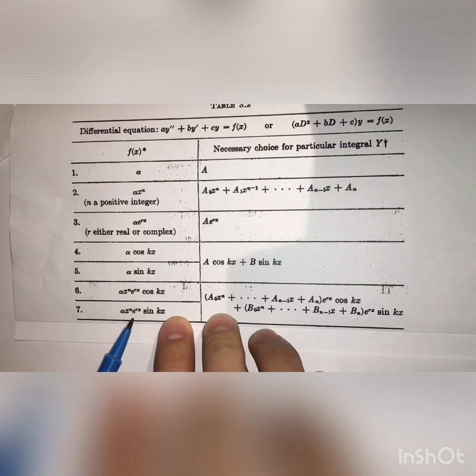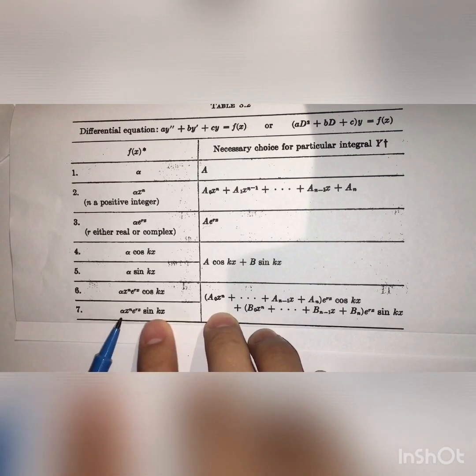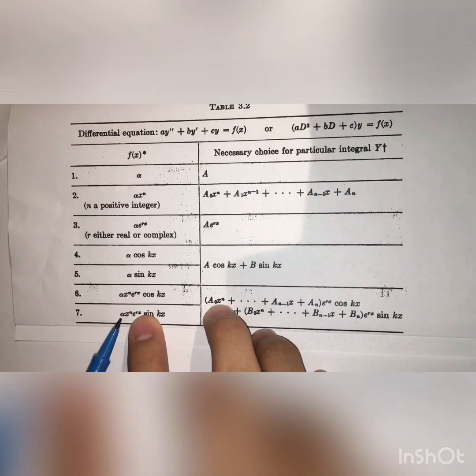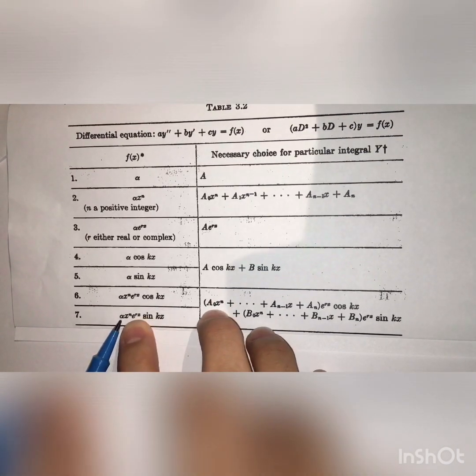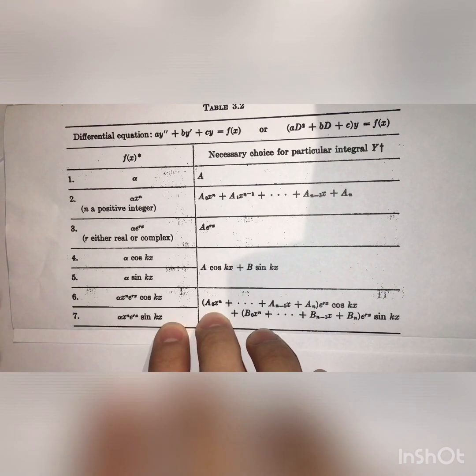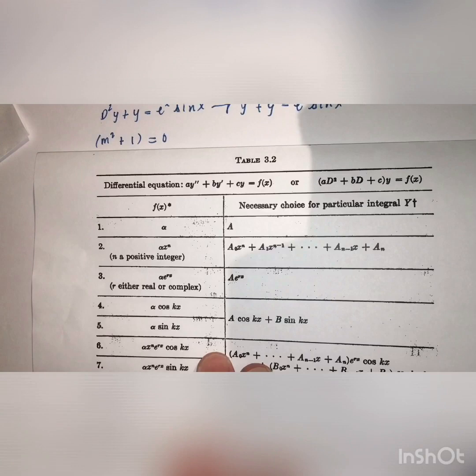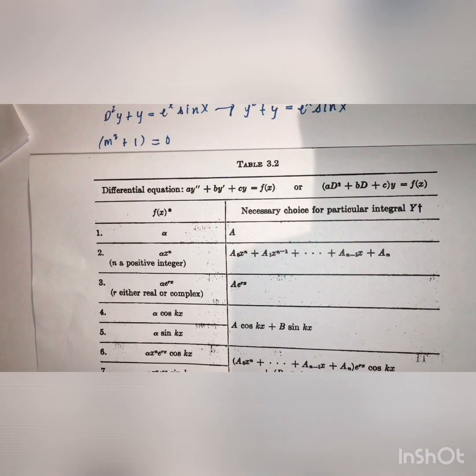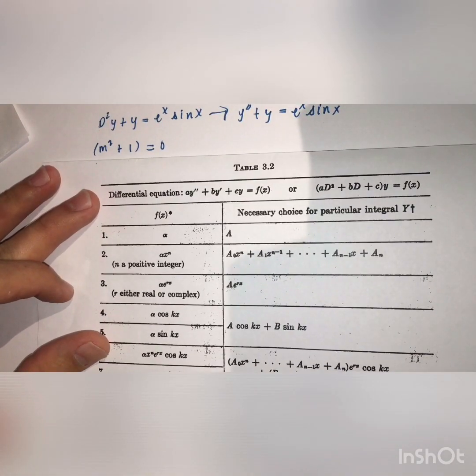And it looks to be number 7, and we don't have an a to the x out in front of our e to the x sine of x. It's just e to the x sine of x for us, where our r is 1 and our k is 1, so that simplifies to this.